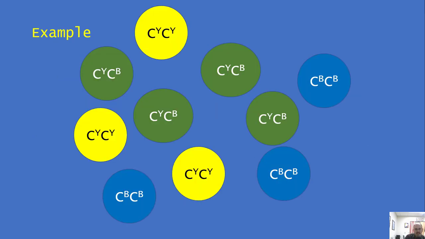So let's just look at an example. It's easier than talking about it the entire time. So you're going to be calculating these yourself, so I invite you to start working on it now. So here's a population of round organisms. They come in 3 colors, as you can see, 3 phenotypes, blue, yellow, and green. And there are two alleles here, color Y, CY, that's the yellow, and CB, which is blue.